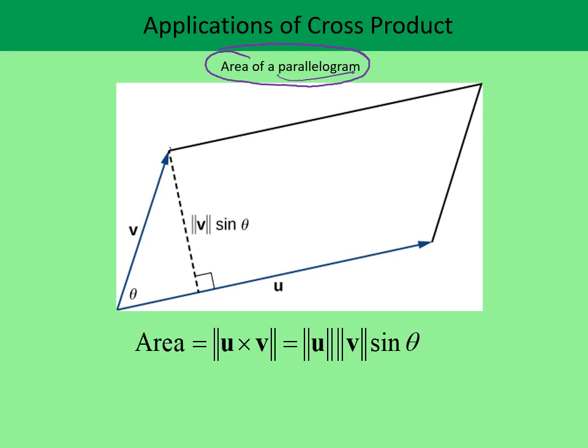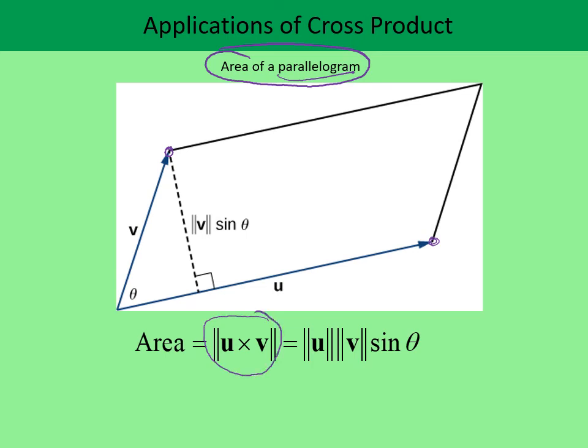If you start from the tip of v and draw a vector exactly like u, and likewise, from the tip of u, we have this vector, which is exactly the same as vector v, that forms a parallelogram.